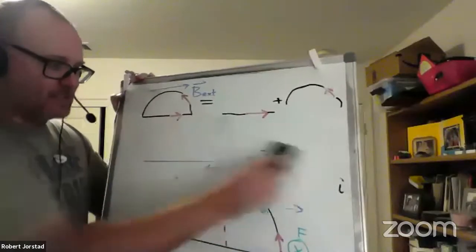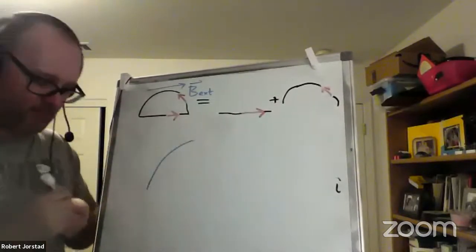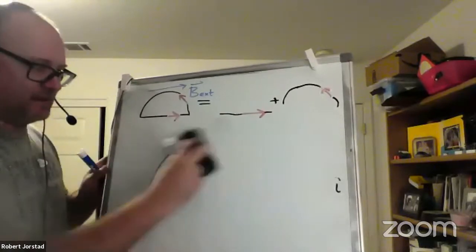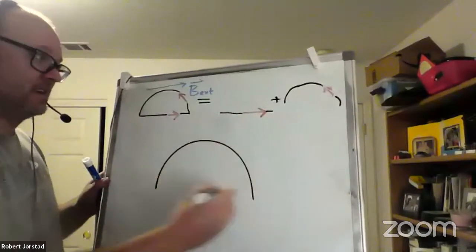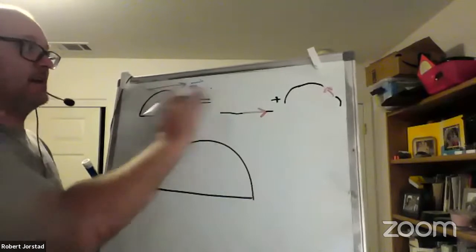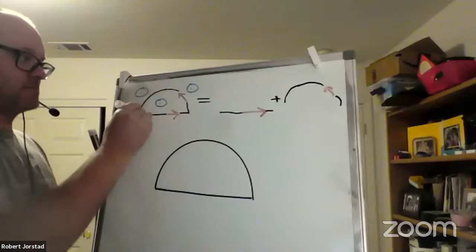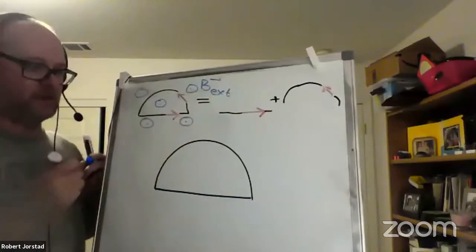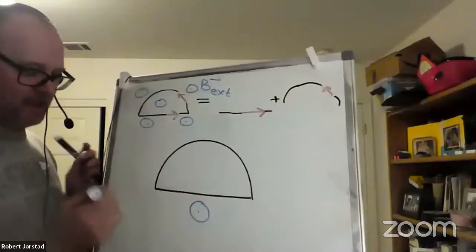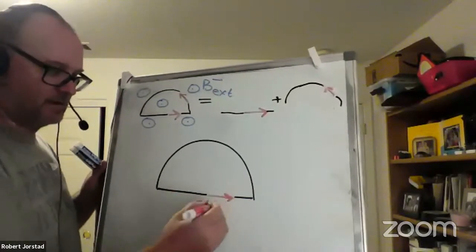Yeah, cool. Good question. Now, in this case, let's see what this one would look like. Watch this. So let's kind of get a feeling for this. This conceptual stuff can really help with your math sometimes. So in this case, now B external is pointing a different way, right? B external was out of the page. So if my B field is out of the page and my current's running this way, there's my current.